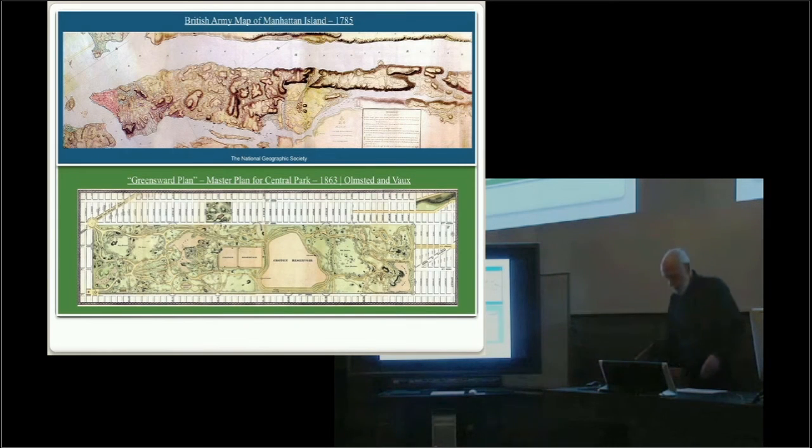And this kind of rough but advancing process of marking the inventory of a site continued and evolved, and even Greensward, the wonderful plan that Olmsted and Vaux came up with in 1863 for the master plan for Central Park, had its part of that evolution.